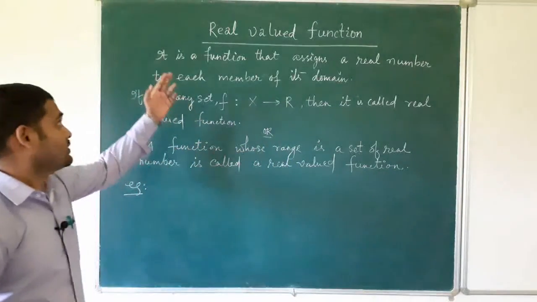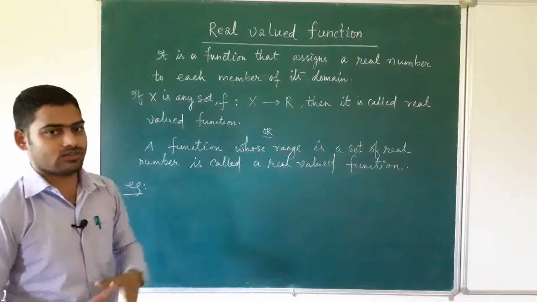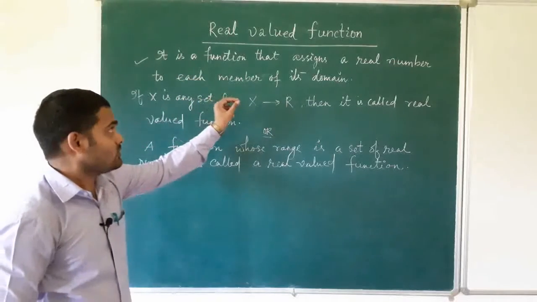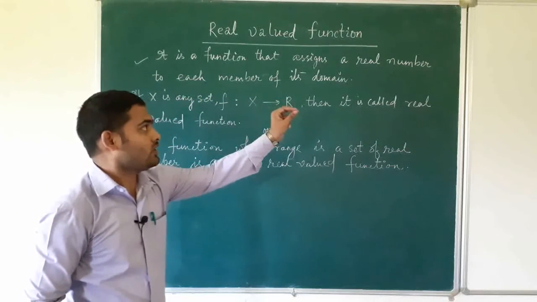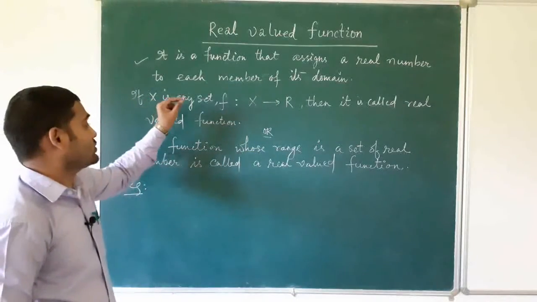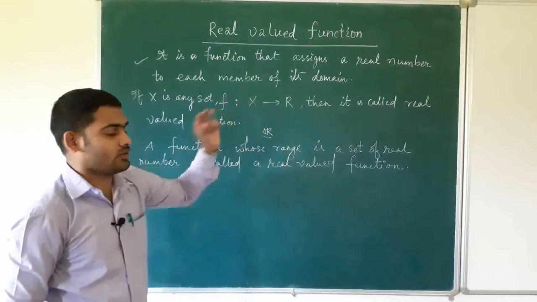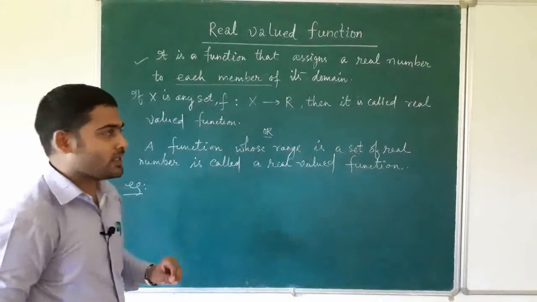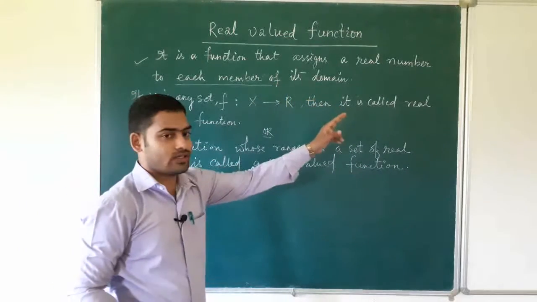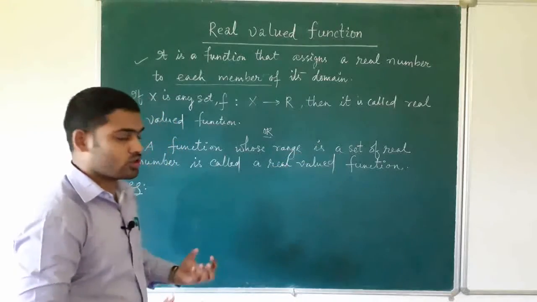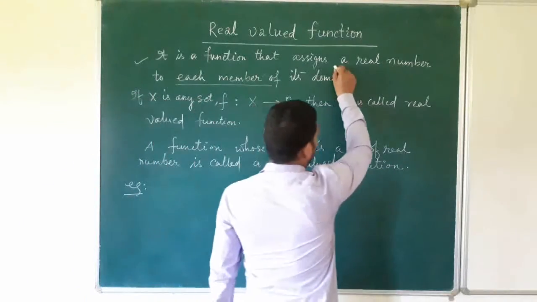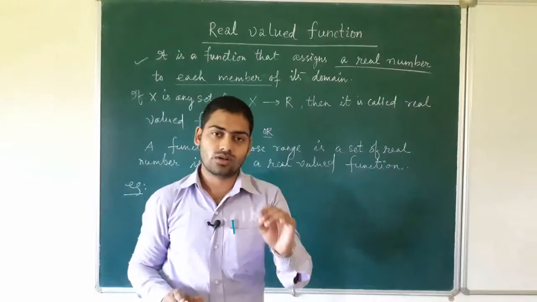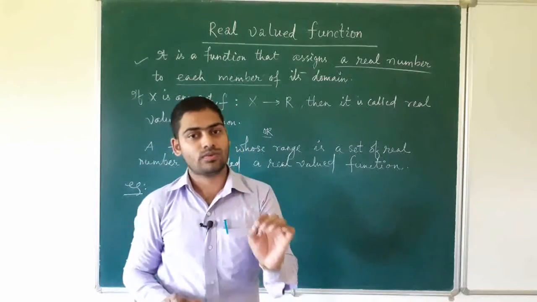See, the definition of real valued function: it is a function that assigns a real number to each member of its domain. If you put each element of its domain and we are getting output a real number, then that function is called real valued function.